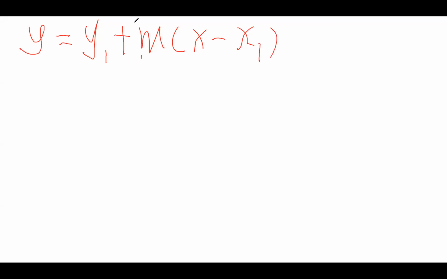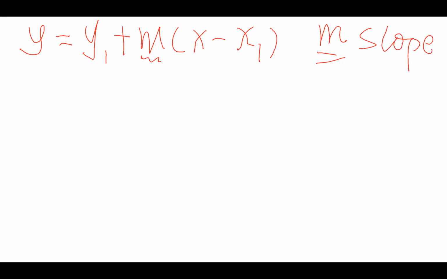This m is the slope of the line, and x sub 1 and y sub 1 are the point this line passes through.